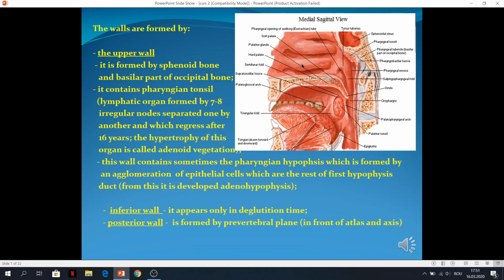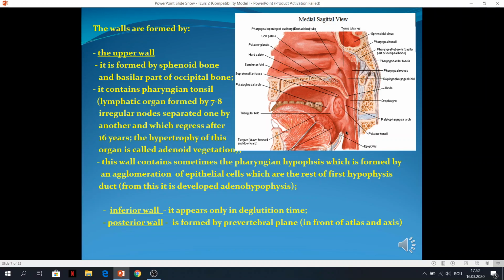I'm sure that you recognize the nasal concha and the ethmoidal conchae. You know, we have two ethmoidal conchae, the middle and the superior. Palatine region with the hard palate, soft palate, oral cavity with the tongue, and palatine tonsil. We spoke about the palatine tonsil last time.